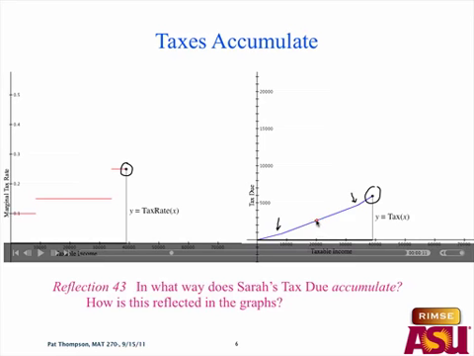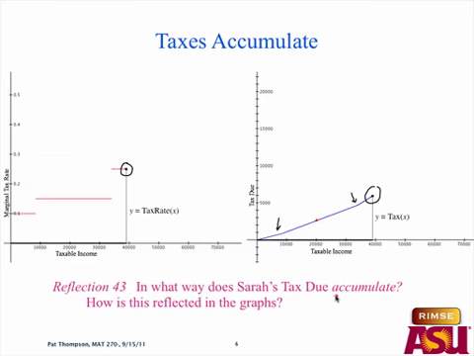So say here we are at $20,000 of taxable income. How can we think of, from there, the amount of tax due accumulating? Whenever the slope changes, you're going to hold on to that amount.